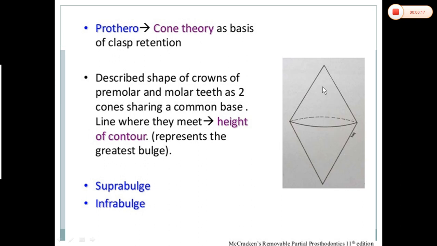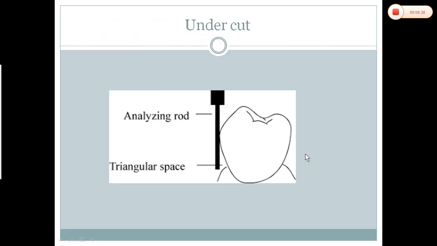On a tooth surface, to obtain retention, the direct retainer has to be positioned in the infrabulge area, commonly termed the undercut.